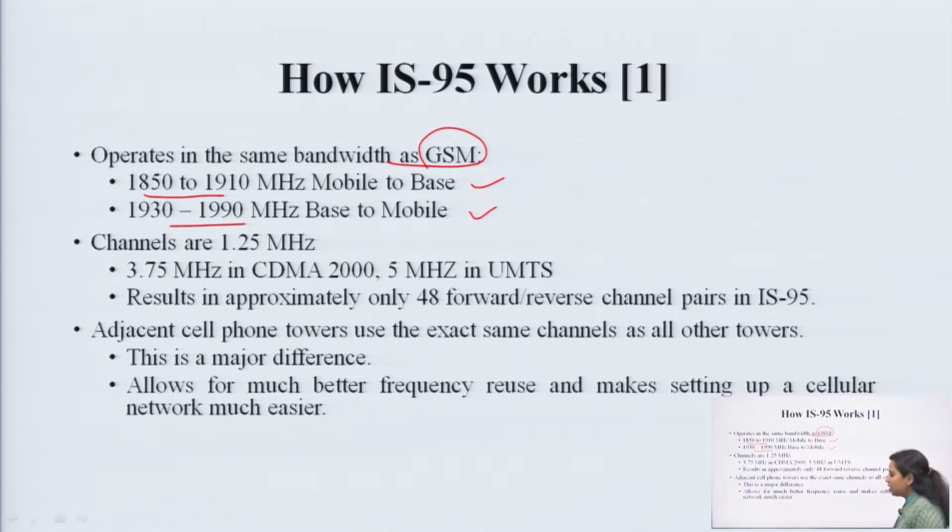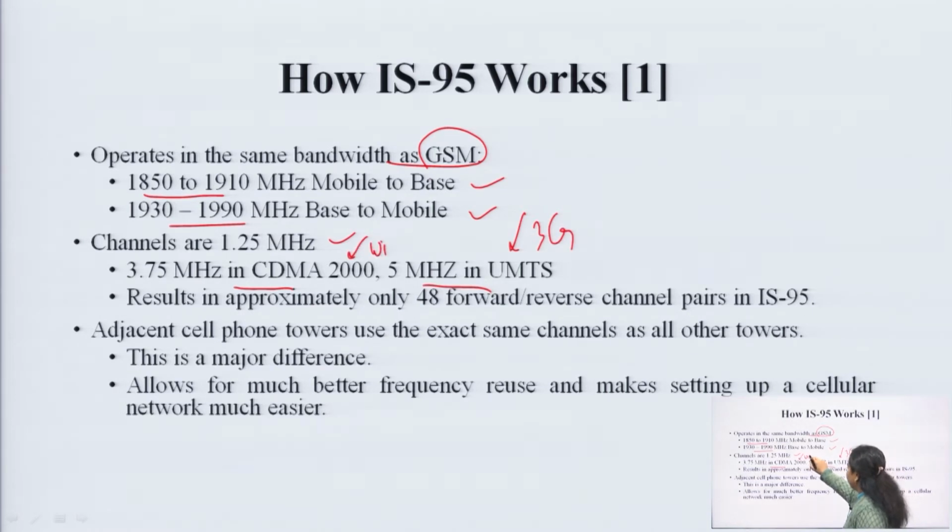These 2 frequency bands are allocated because wireless communication is full duplex. The channels are 1.25 megahertz wide in IS-95, 3.75 megahertz in CDMA 2000 and 5 megahertz in UMTS, that is, for the 3G network and the wideband case.